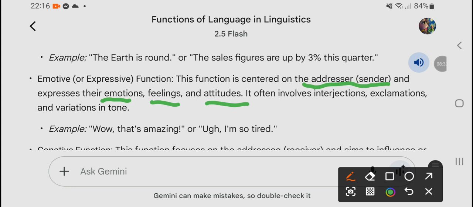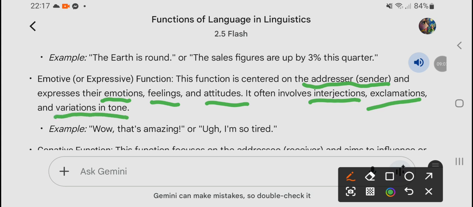So it often involves interjections, exclamations and variations in tone. Interjection: oh no, yes. So both the words, when I speak with strong emotions, or exclamation, how did you go there? That is exclamation. Or variations in tone.